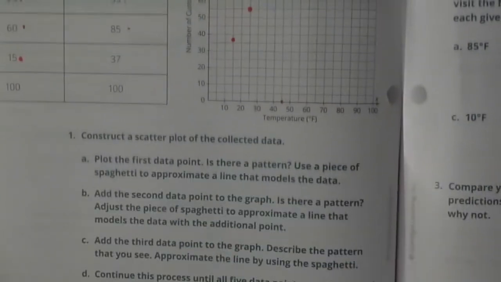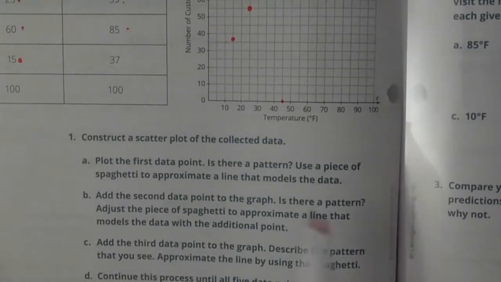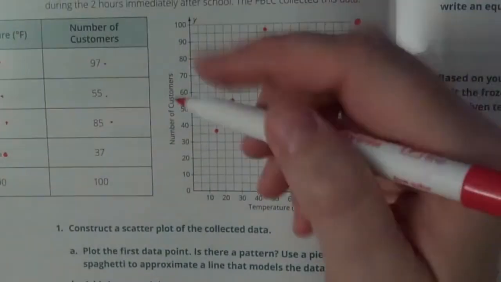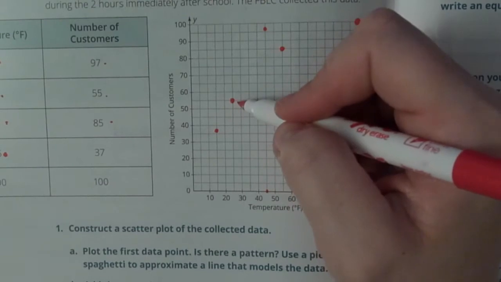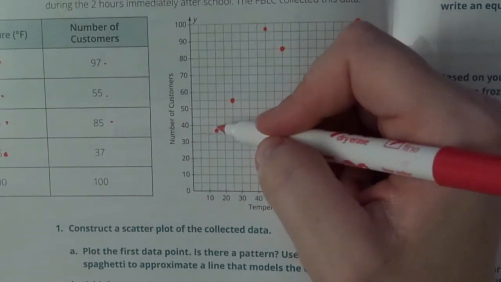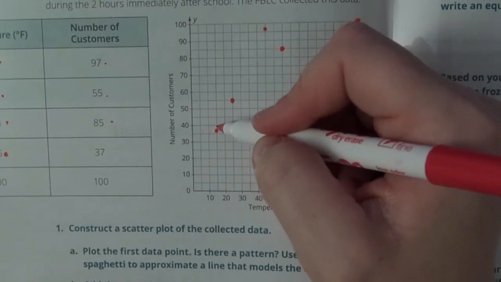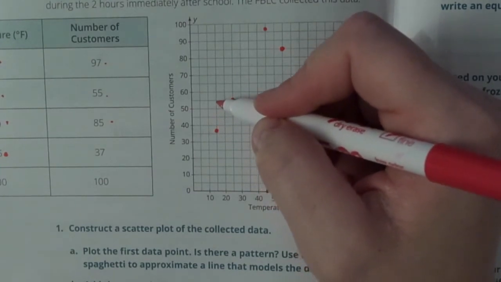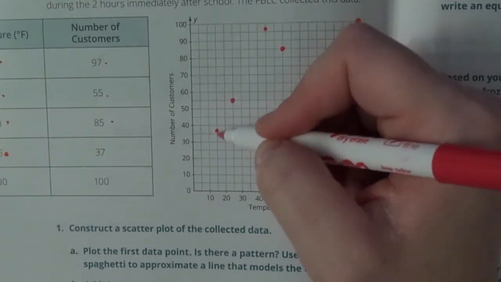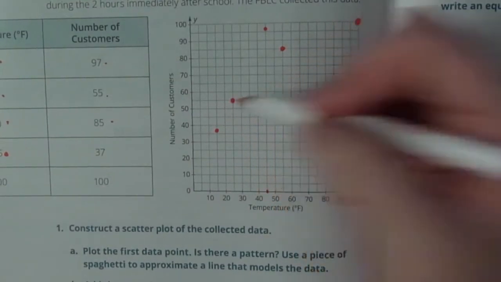So let's look at this one. It says plot the first point. We already did that. Is there a pattern? From this point to this point, was there a pattern? Maybe you say, well, it's like 5, 10, 15, 20, maybe 22 customers up, and it went over 10.